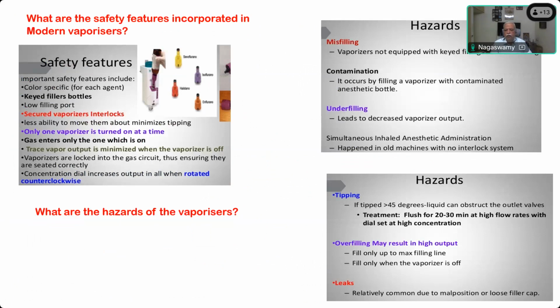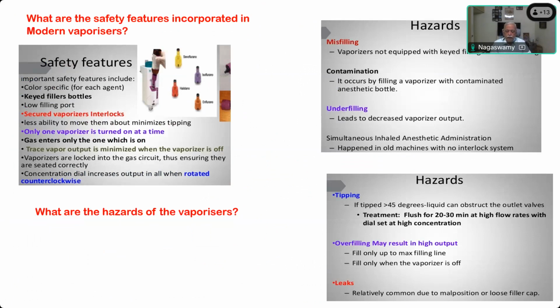And you should not tip the vaporizers, especially when you have a removable vaporizer with the interlock system. There's always a chance that you can tip the vaporizer and the liquid may come out. Overfilling may result in high output.